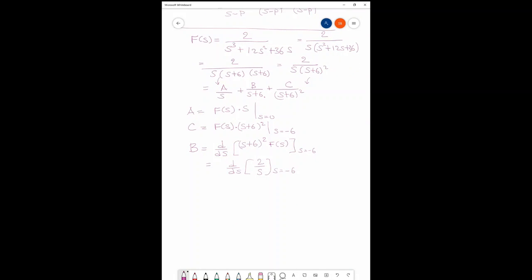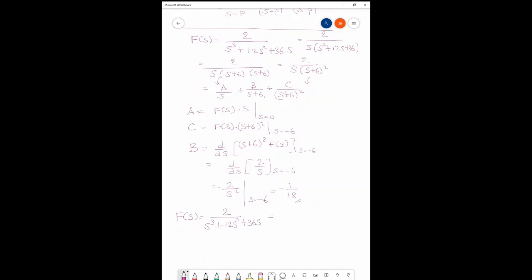I hope you have learned this in your differentiation class. So d per ds of that is going to be minus 2 over s squared, and we are going to solve that for s equal to minus 6. Ultimately, it should give us minus 1 over 18, which means f of s, which is represented as 2 over s cubed plus 12s squared plus 36s, is going to be rewritten.